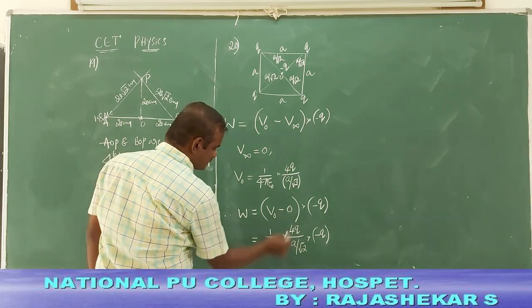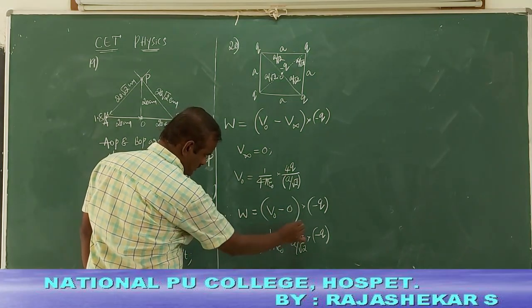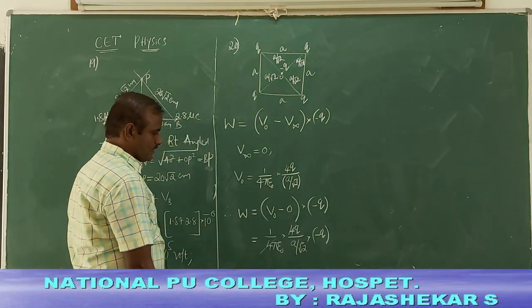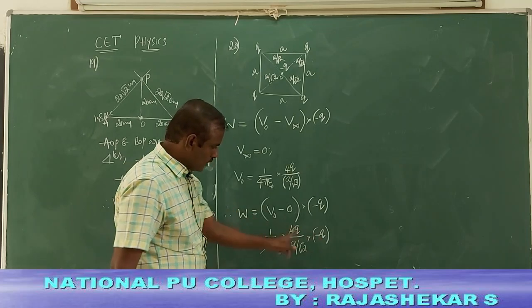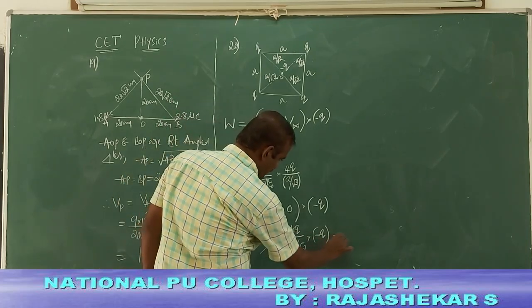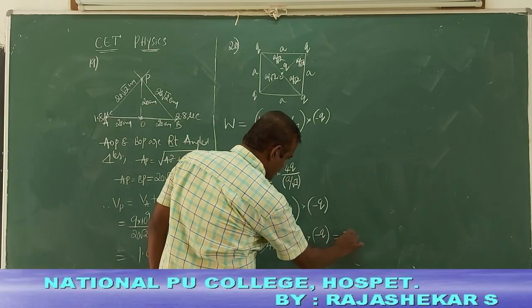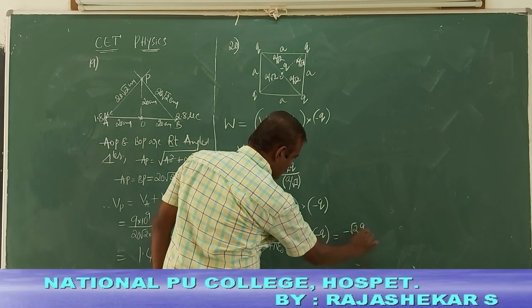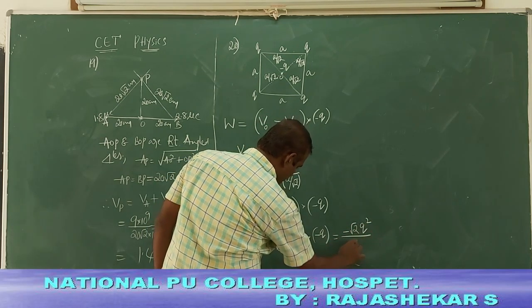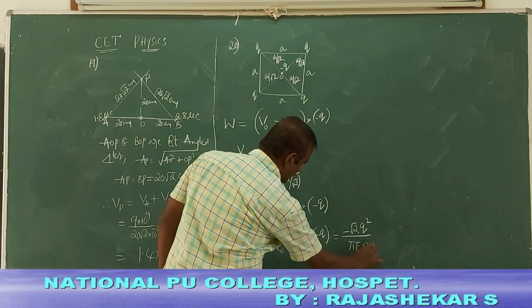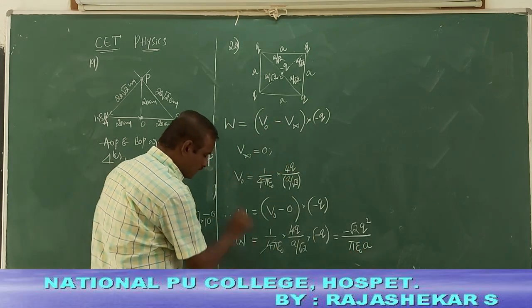This and this cancel, students. Root 2 goes to the numerator. q and q gives q square. We will be left with minus root 2 q square divided by pi epsilon naught into a. This is the work done.